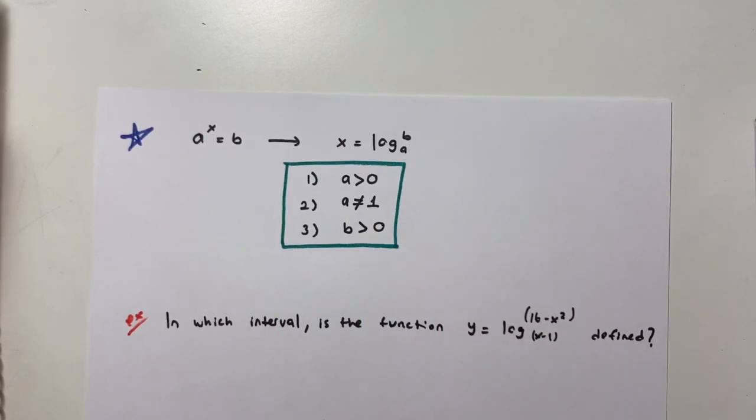And the things in the green box will help you solve the question. It says a, which is the base, must be greater than 0, and a cannot be 1, and b must be greater than 0. These rules come from the definition of the exponential functions, which we learned in the beginning of the video. So we will solve the questions according to that.